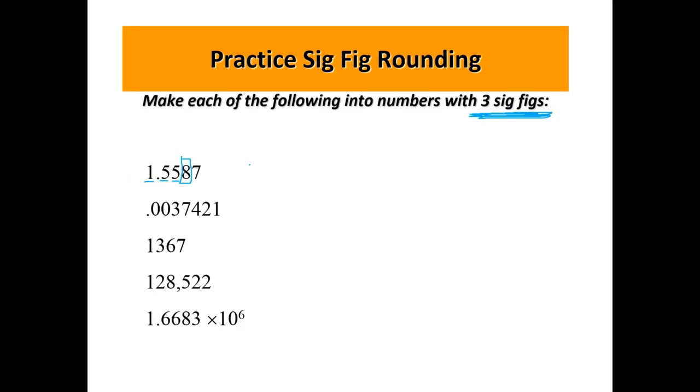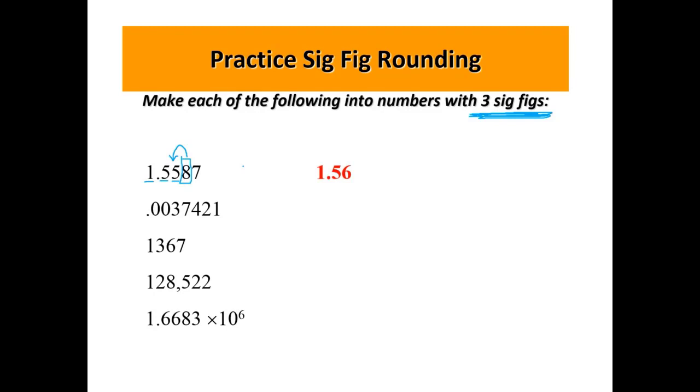This would be 1.5 what? Well, not 59. This rounds the 5 up, so it'd be 1.56. Does that make sense? Okay, cool.